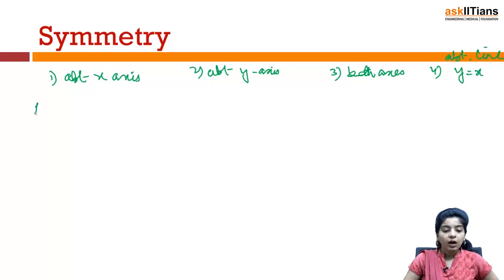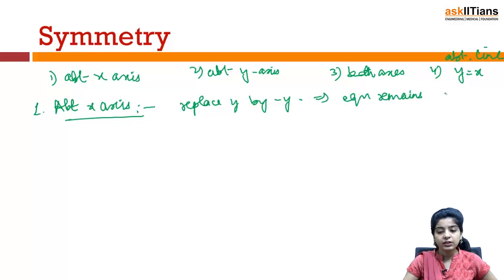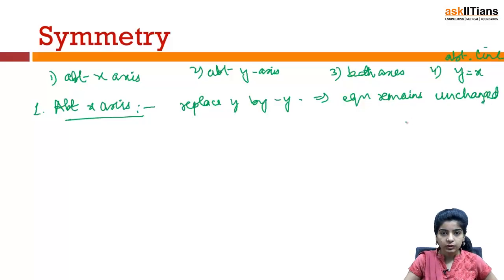So when you have to judge about x axis, what you can do is just replace y by minus y, and if the equation of the curve remains unchanged, then the curve is said to be symmetrical about x axis.